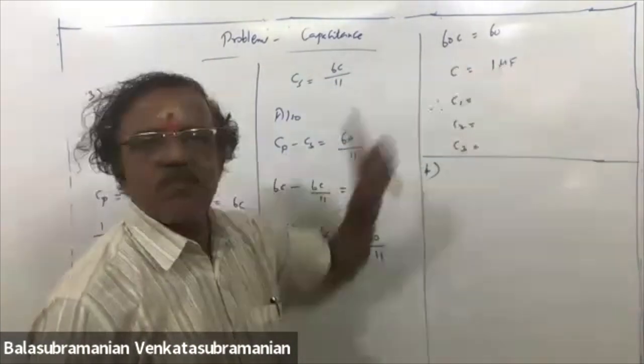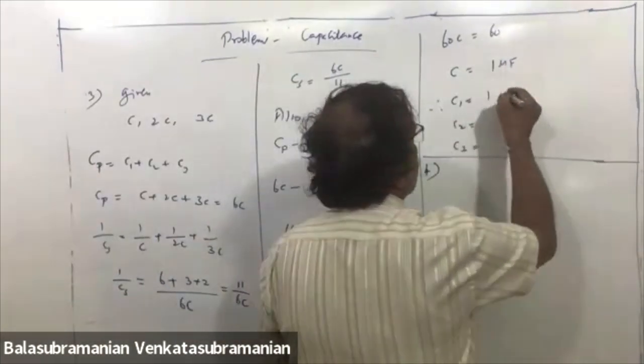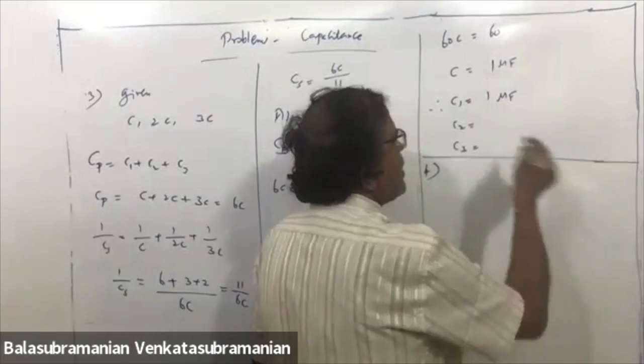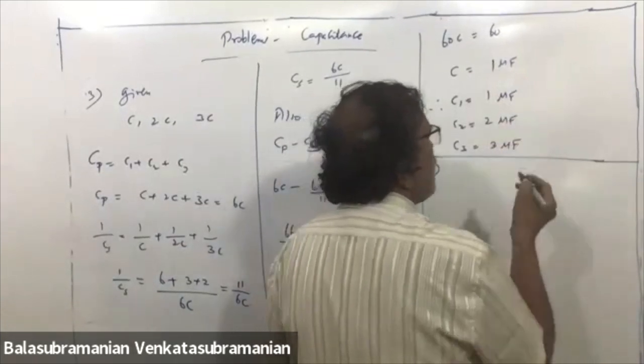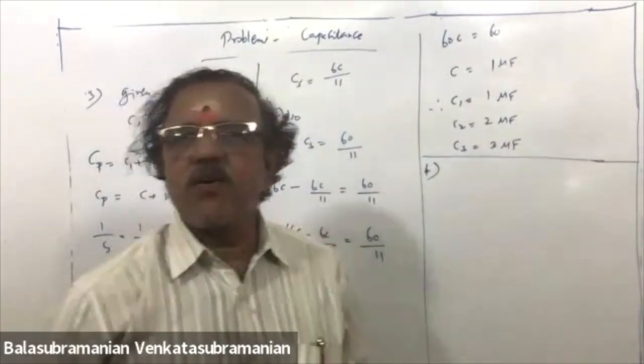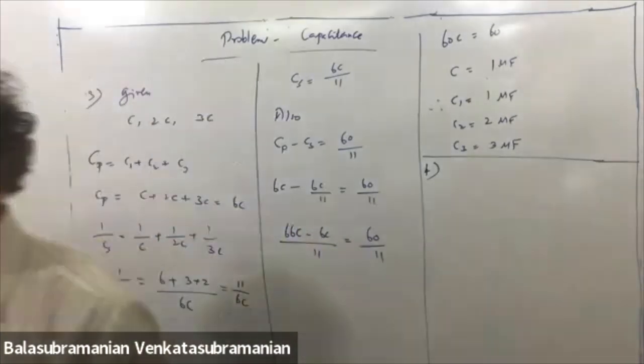C is equal to 1 microfarad. Therefore, C1 is 1, C2 is twice, 2, C3 is thrice, 3. 1 microfarad, 2 microfarad, and 3 microfarad. This is the resultant.